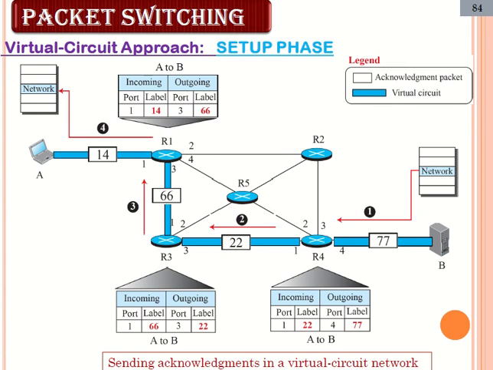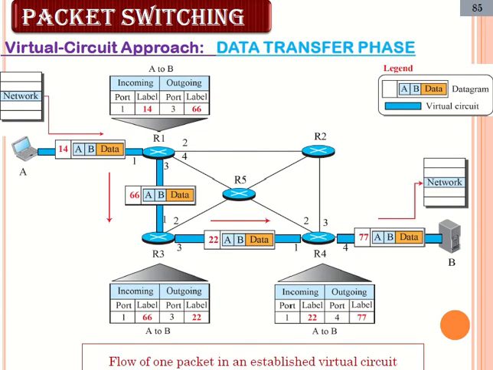Now the incoming port as well as the outgoing port, everything is set up in the setup phase. So the datagram or the packet will know in which particular path the data has to flow, that is, the incoming path and the outgoing path will be fixed in the setup phase. Once the setup phase is done, the next one is the data transfer phase.